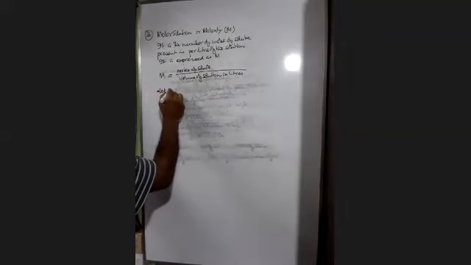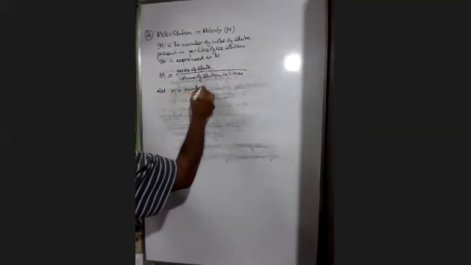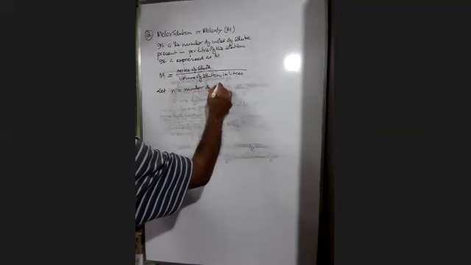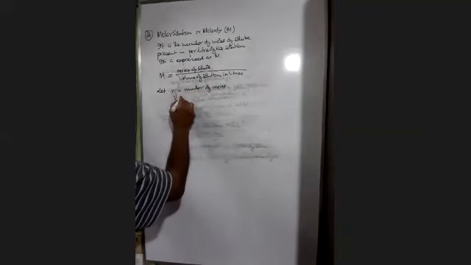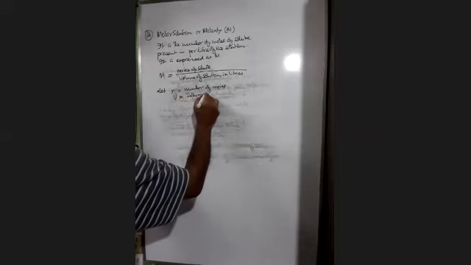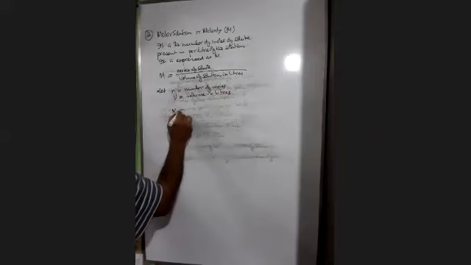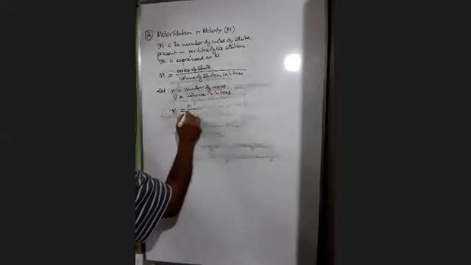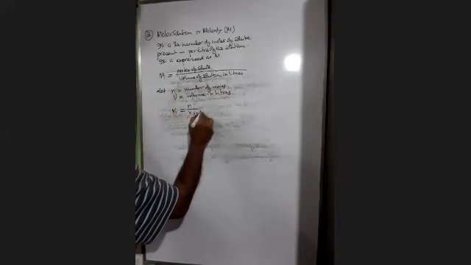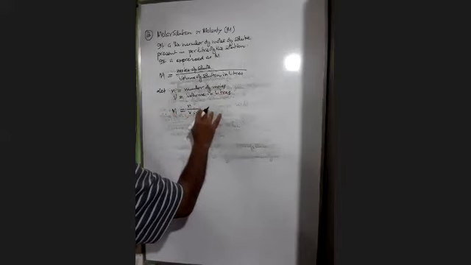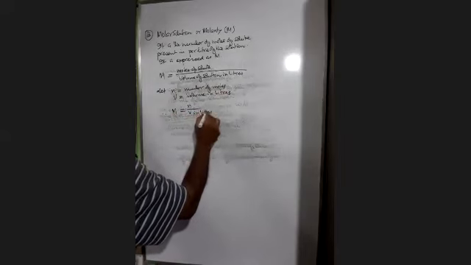Let N be the number of moles. V is the volume in liters. So therefore I can write M is equal to N by V in liters.